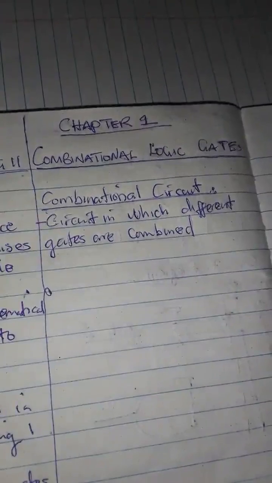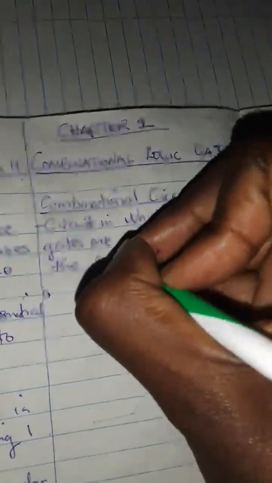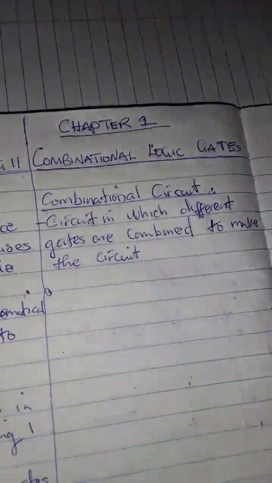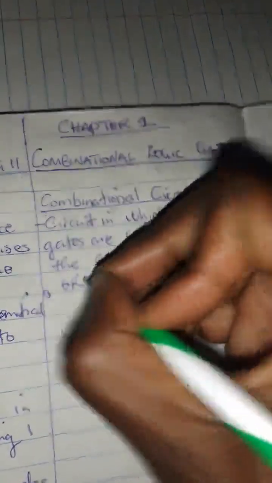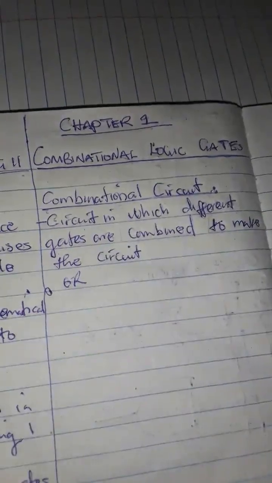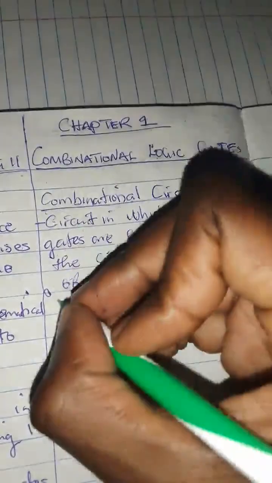Different gates are combined to make the circuit. Or you can say it's a circuit made up from a combination of different gates.